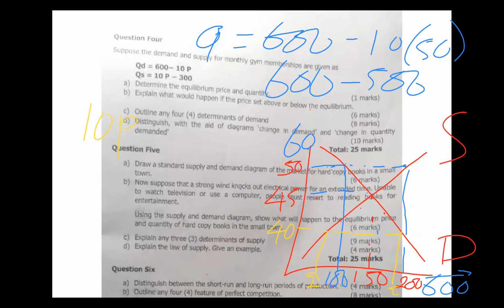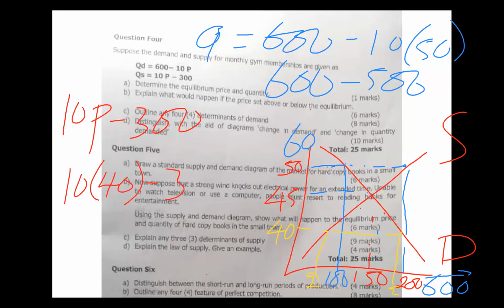Okay, for solving, I can use the other marker. We can say 10P minus 300, right? We want to see how much we are supplying. So 10 times 40 minus 300, right? That will be 400 minus 300.